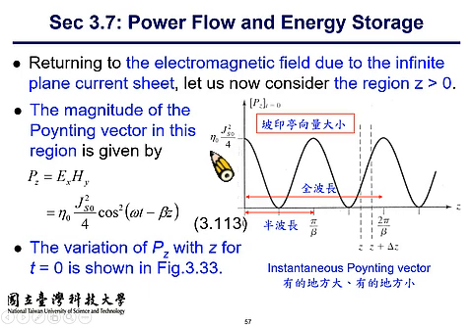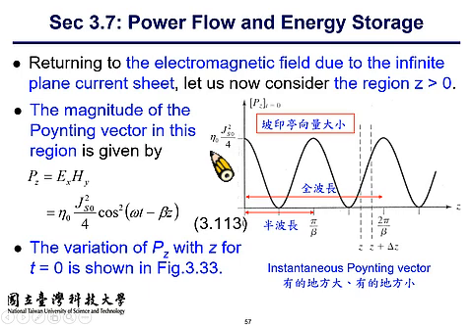And substitute the solution for Ex and Hy in the previous example. You have eta sub 0 times J sub S0 to the square over 4, because it's over 2 for the 2 case, times cosine to the square of omega t minus beta z. So this is the Poynting vector calculated from the E and H field.